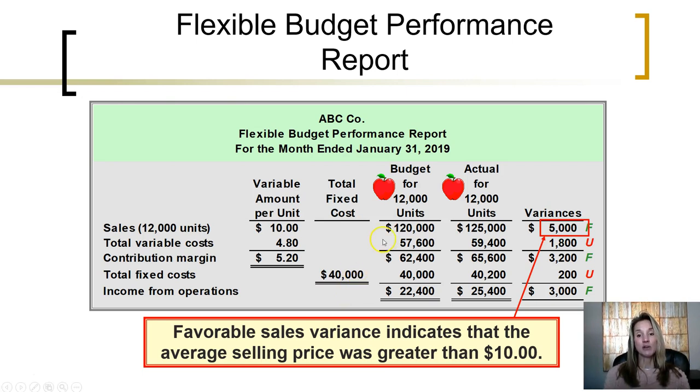Thus, what we can now do is take our flexed budget that's based on sales of 12,000 units and compare it to actual results of 12,000 units.